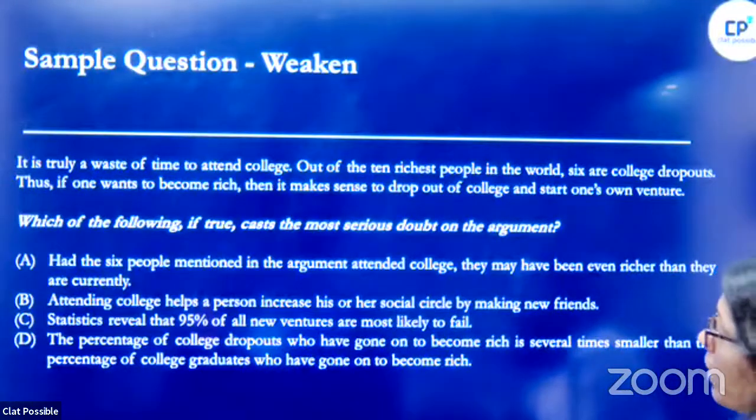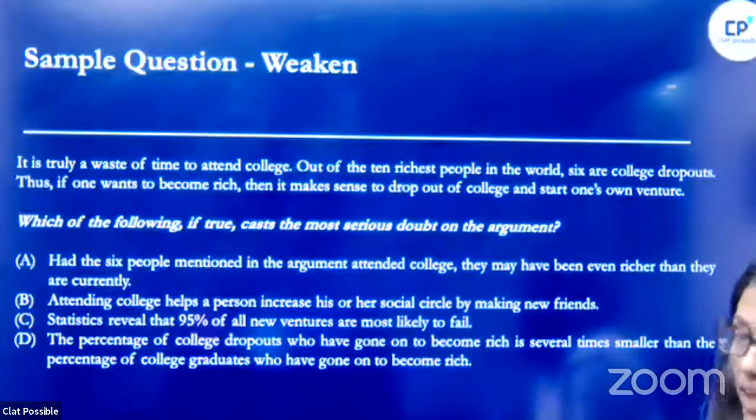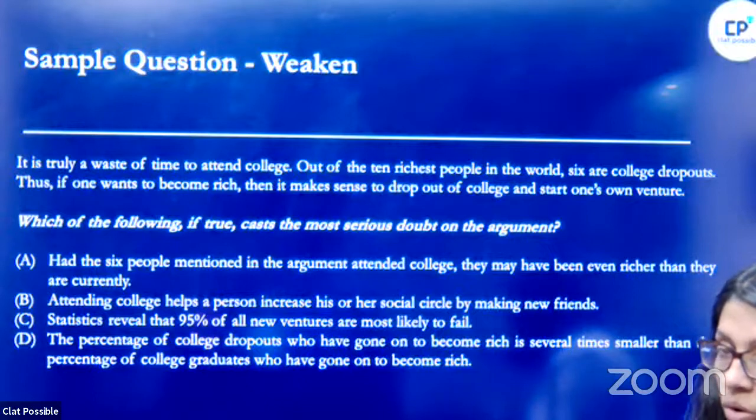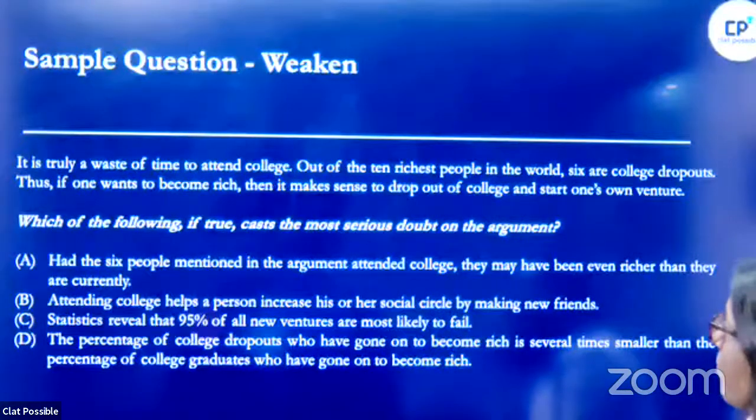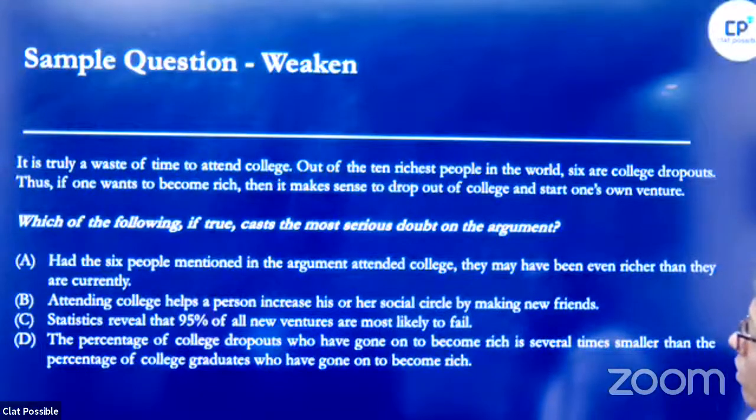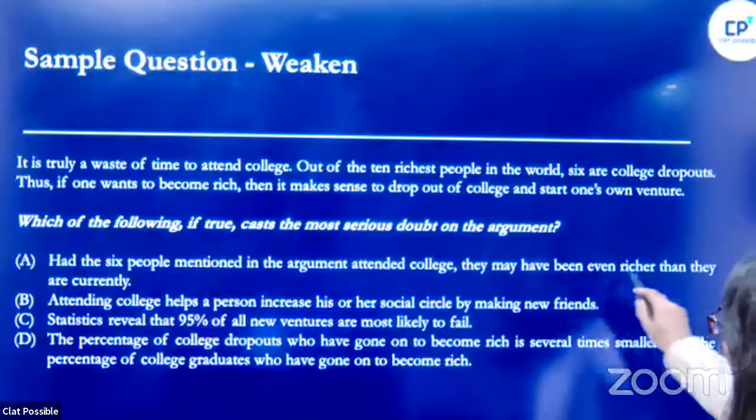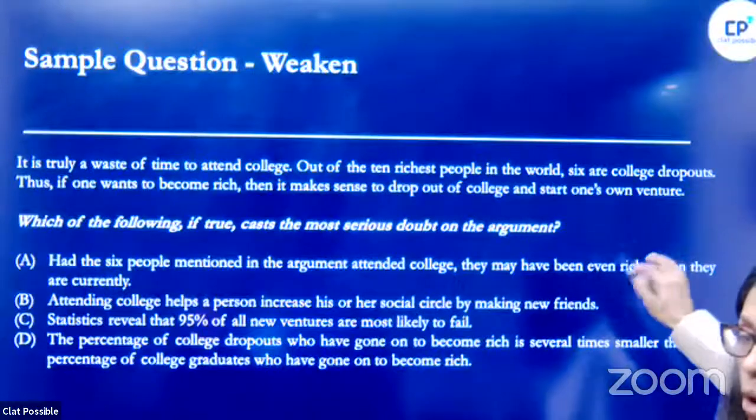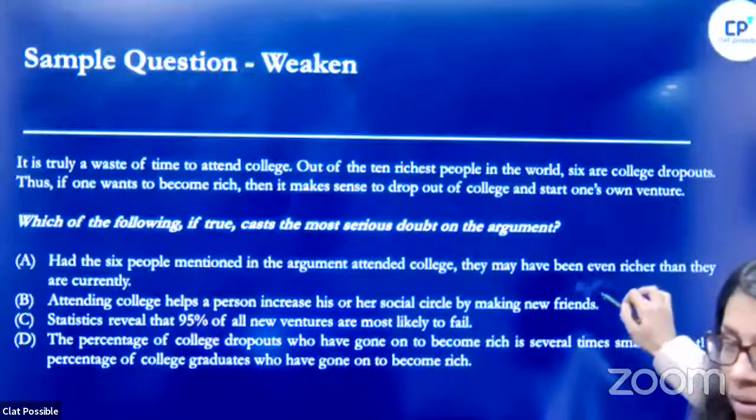Had the 6 people in the argument attended college, they may have been even richer than they are currently. Now, look at option A. Rich as a word of having more money is not the question here.